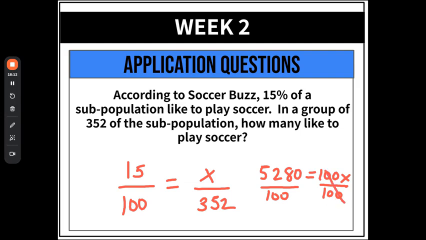That will give me x by itself. And when I divide by 100, I can just move my decimal. So I'm going to move it 2 places. Since it's normally going to be right here, I can move it 1, 2. And we get that x is equal to 52.8.